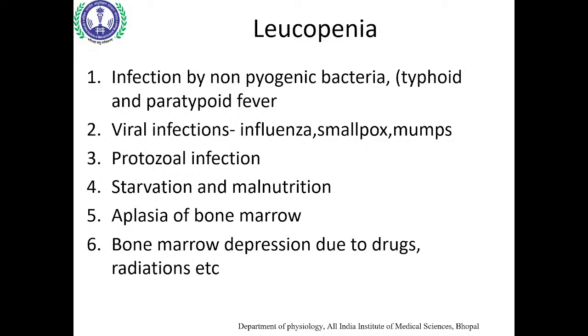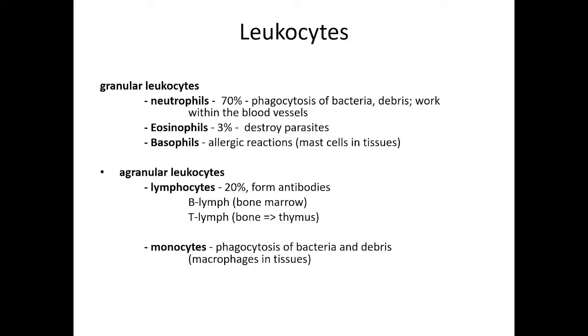Then viral fevers, viral infections like influenza, smallpox, mumps. Then there are protozoal infection. Starvation और malnutrition में भी leukopenia हो जाएगा because synthesis कम हो जाएगी, right? Then we have aplasia, aplastic bone marrow, and depression, bone marrow depression due to the drugs, right? So these are the reasons which may cause reduction of the WBCs in total, right?